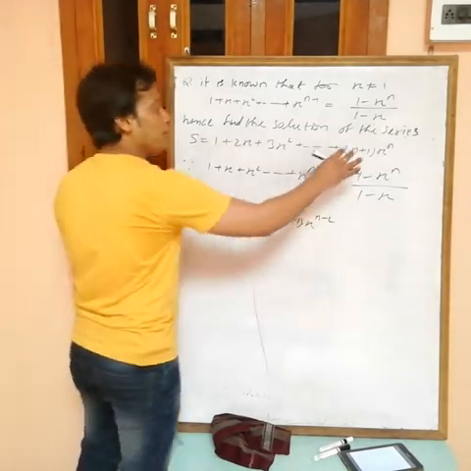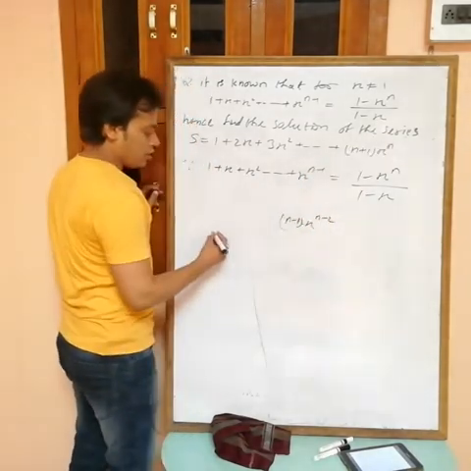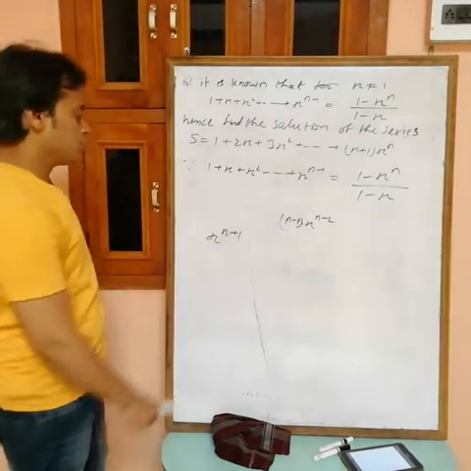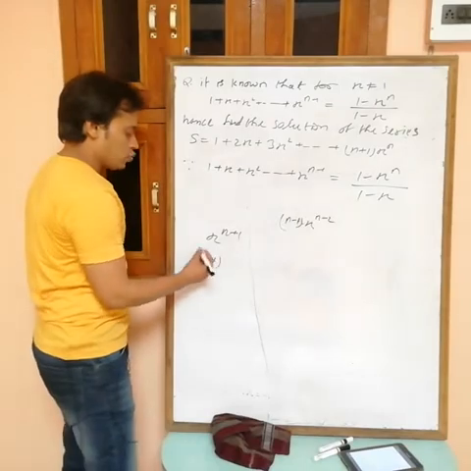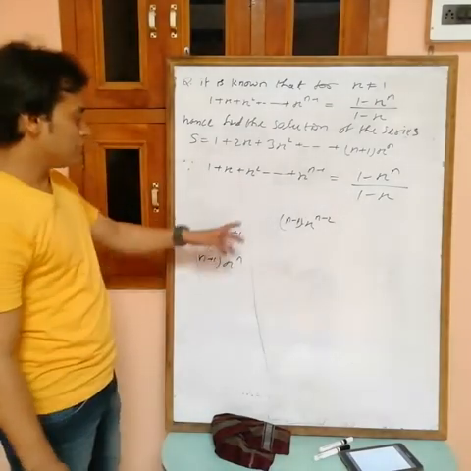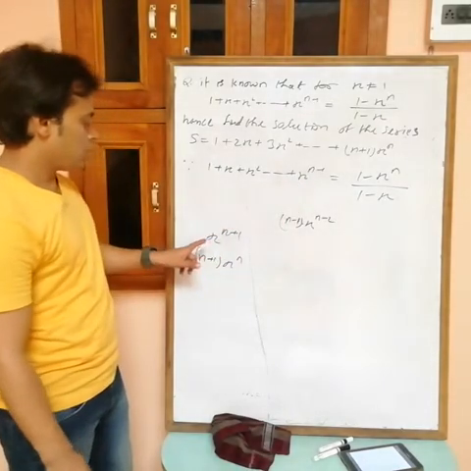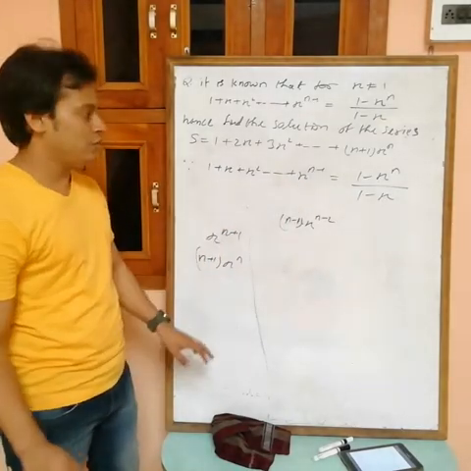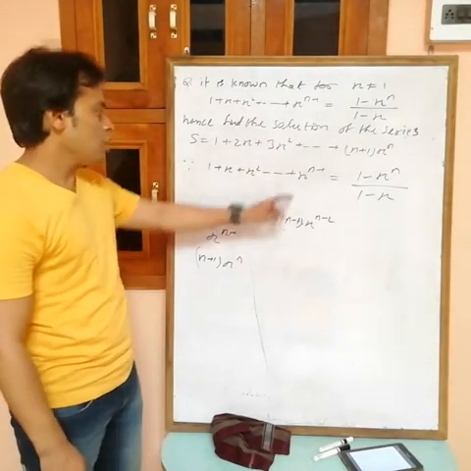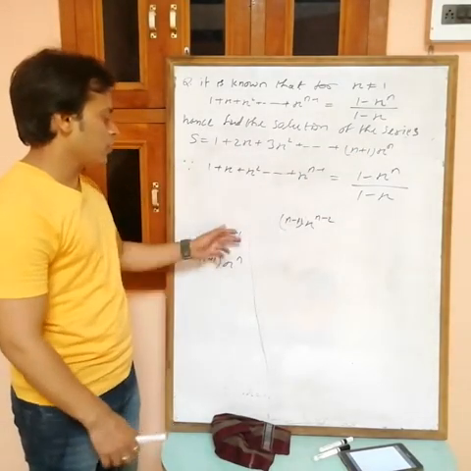So when will you get (n plus 1) into x power n? If you differentiate x power n plus 1, then we get (n plus 1) x power n. So it means the last term must be x power n plus 1. How does x power n minus 1 become x power n plus 1?